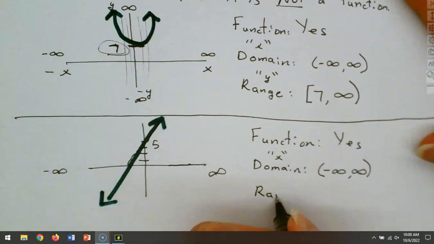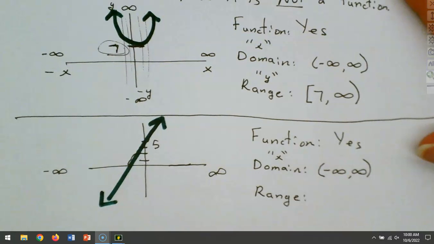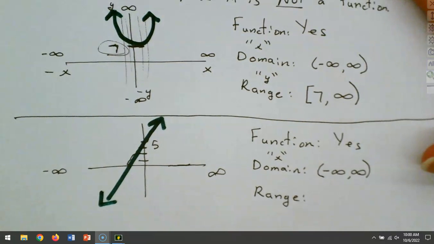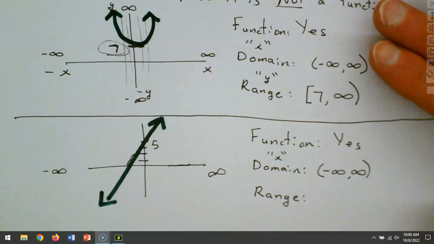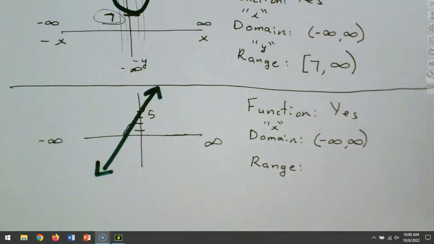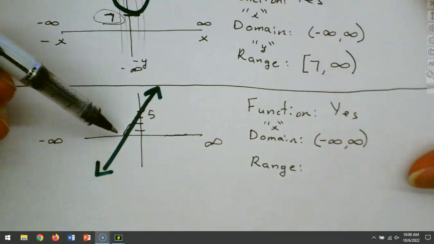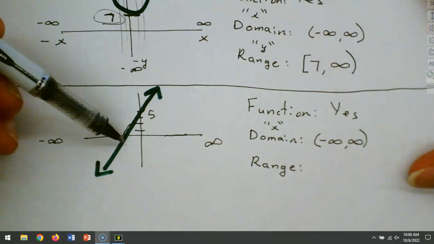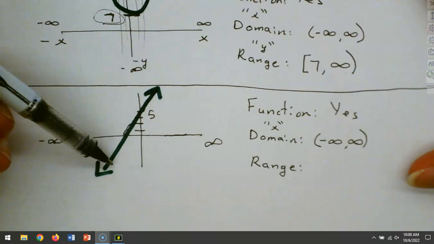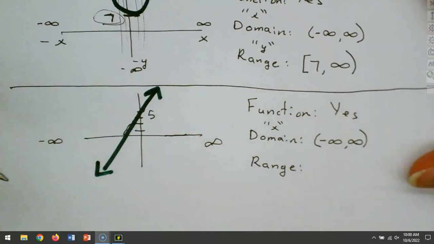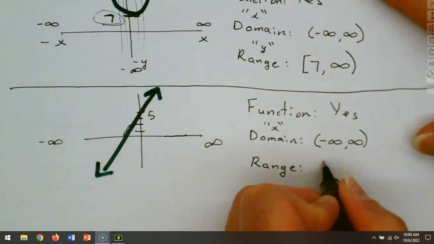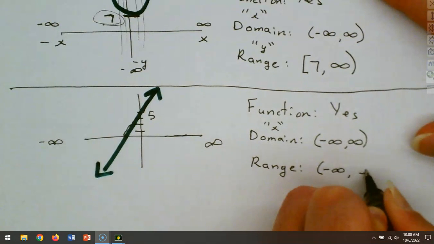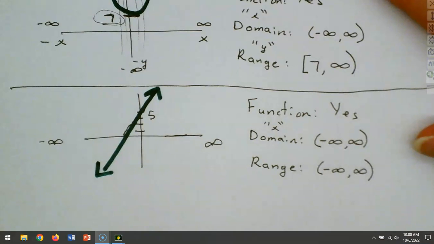What about my range? Does anyone know what the range would be? Can anyone tell me? Okay. Range is the values of y, so that's the up and down part. So what would that be? Does anyone have any idea? Same as the domain, and that's going to be negative to positive infinity, right?